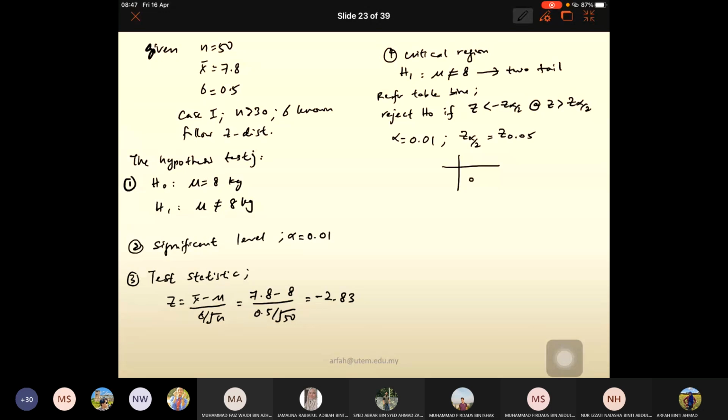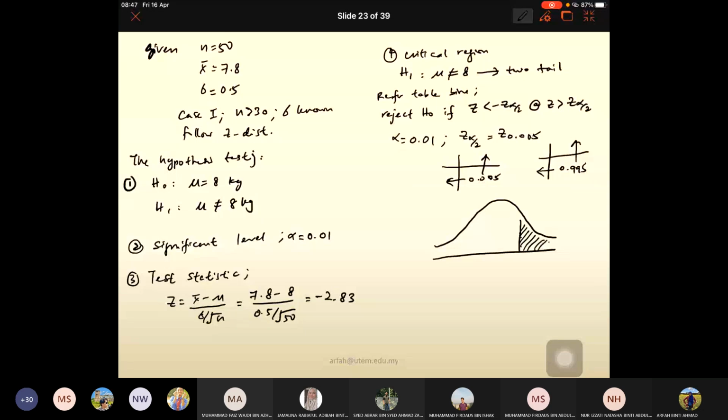Okay. So berapa nilai dia? So you will get the two-sided, the positive and also the negative.